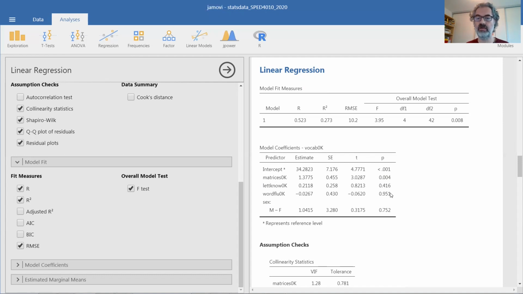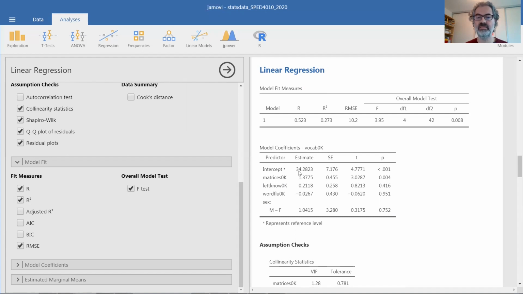So these three are non-significant predictors and should be removed from the model if you're trying to come up with the parsimonious model. In this case, we have a significant prediction from nonverbal ability with a slope of about 1.4.